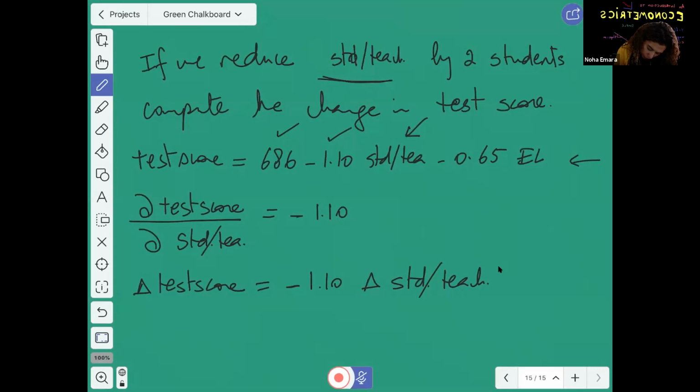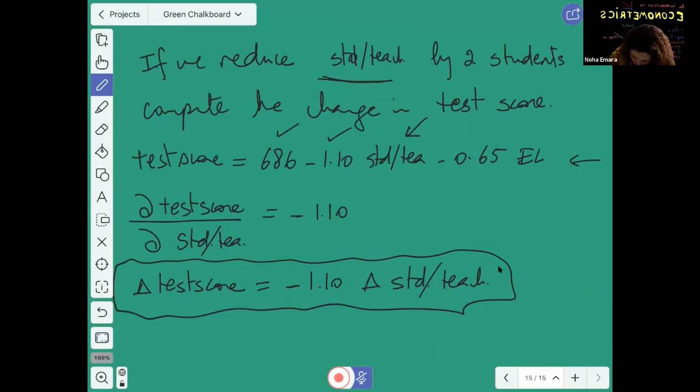This is the nicer way of writing it. So if the change is 1, I can read it this way: the test score would fall by 1.10 points if the student-teacher ratio increases, I should say, if I have an additional student in class.